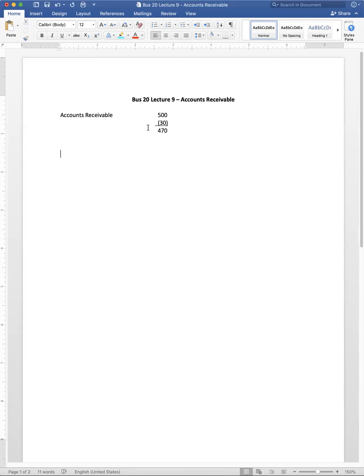Okay. All right, so this $30 is something we call the allowance for credit losses. So credit losses are uncollectible accounts receivable. In general, it could mean any receivable, but specifically for this class, we're going to use credit losses to refer to uncollectible accounts receivable.